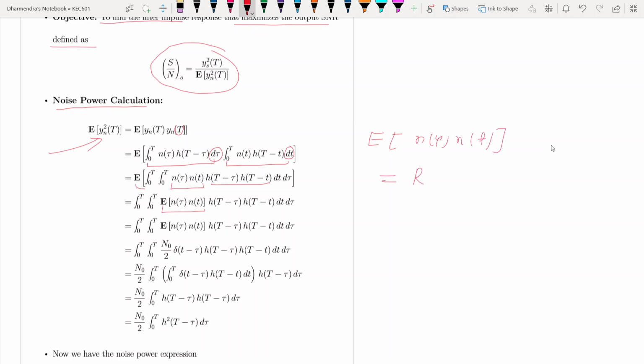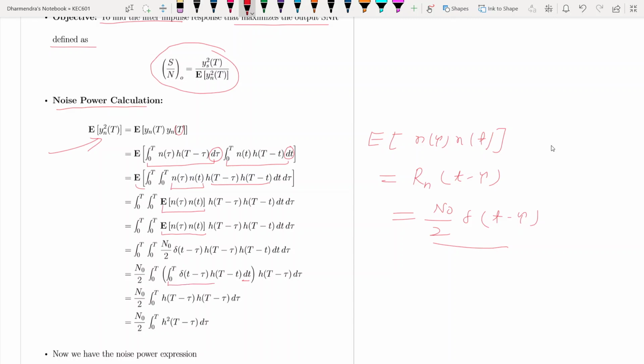This can be the autocorrelation of the noise at t minus tau, and the autocorrelation of Gaussian noise can be written like this. So this is the autocorrelation, and I will substitute this, and now I will integrate with respect to t first.